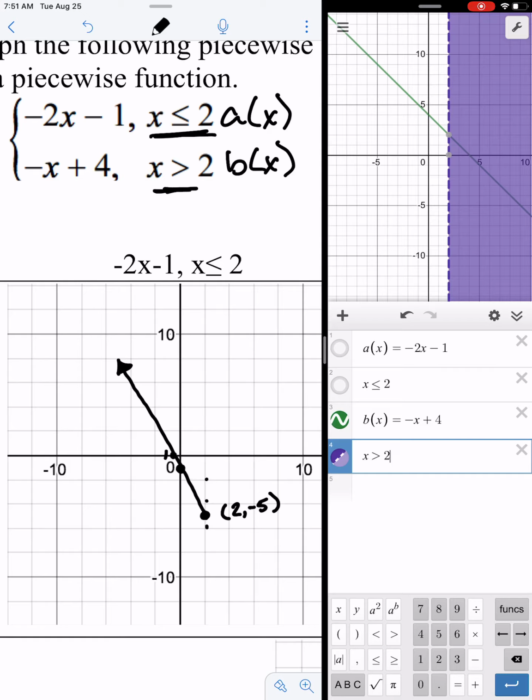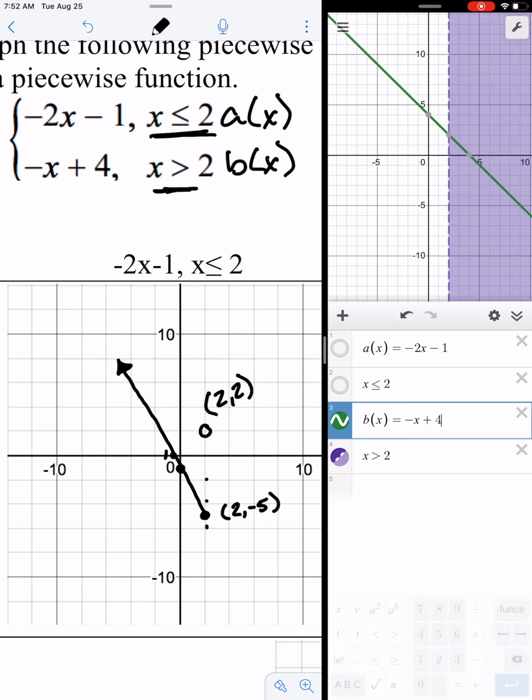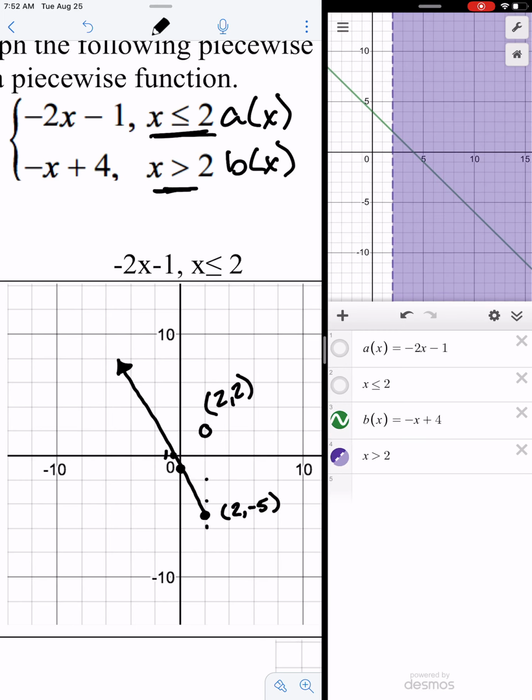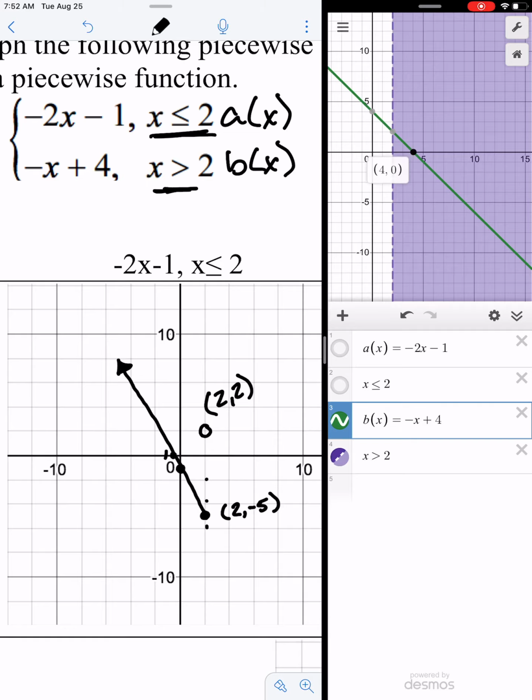Now, greater than gives me a dashed line, and I have the point 2, 2. Because I have this dashed line, that lets me know it's going to be open. And again, I want to get a couple of points for reference. The way you can get it to pop up is to put your cursor and click where you type the function. So I get 4, 0. Another one looks like it would be 9, -5.